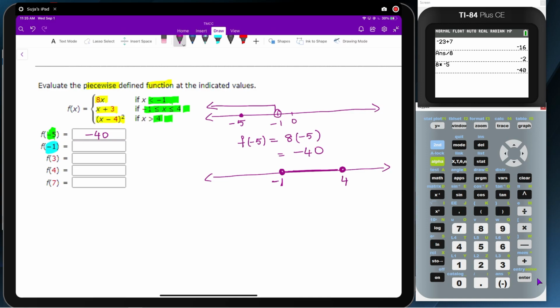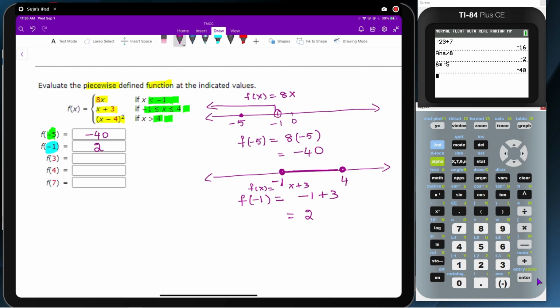So f of -1 belongs to the second piece. I would go -1 plus 3, because my second piece is f of x equals x plus 3. Let me write my first piece, f of x equals 8x. Okay, so -1 plus 3 is 2. That would be the answer for the second one.